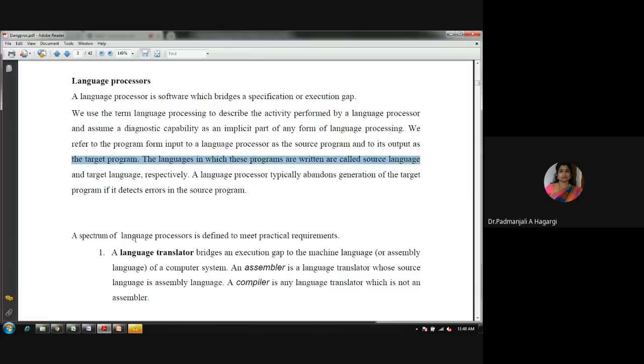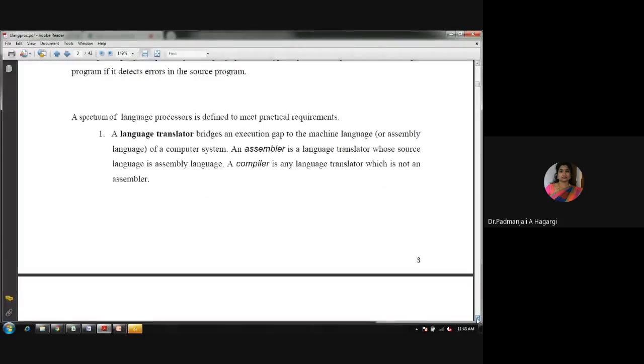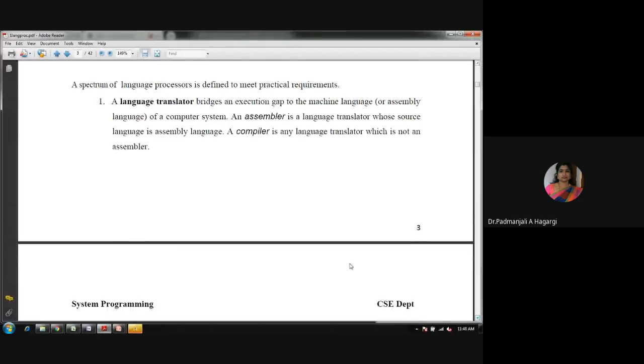So the spectrum of the language processor is defined to meet the practical requirements, that is language translators. A language translator bridges an execution gap to the machine language or the assembly. It bridges an execution gap between the machine language of a computer.